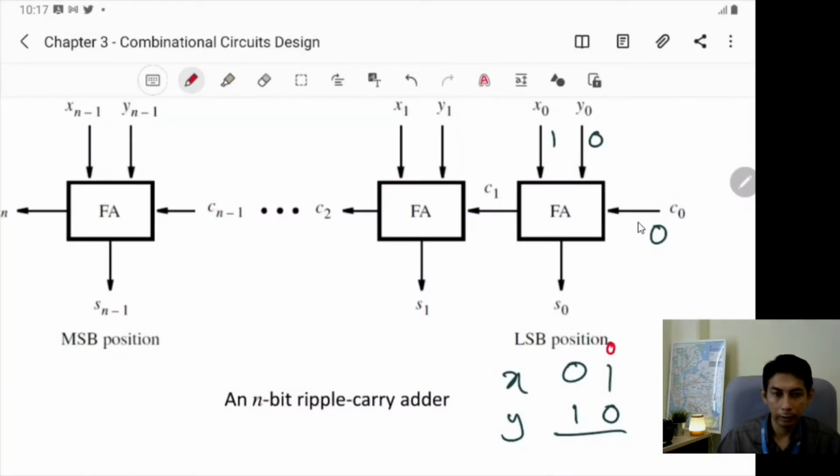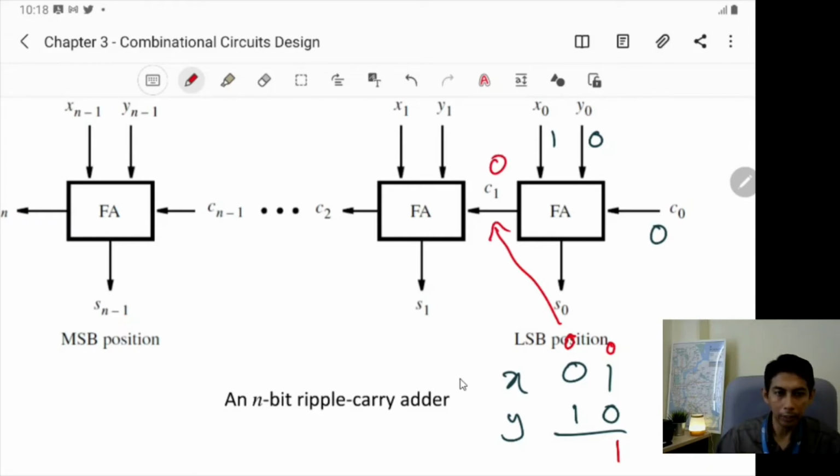Because this is an adder, 0 plus 1 plus 0, you have sum equal to 1. And the carry should be equal to 0. So this 0 is this 0.